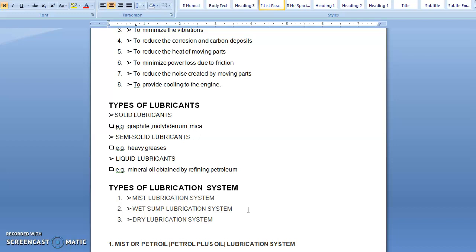Due to the difference in flash point and fire point, the petrol gets burned, but the mobile oil remains unburnt. So it acts as a coolant medium and reduces the friction in the combustion chamber. This is the main working principle of the mixed lubrication system.